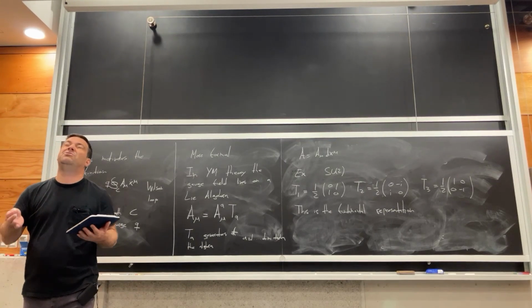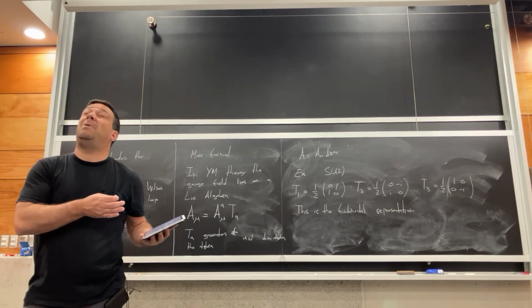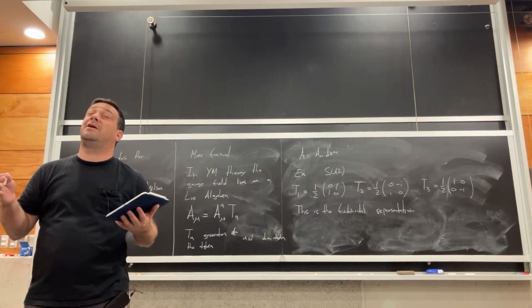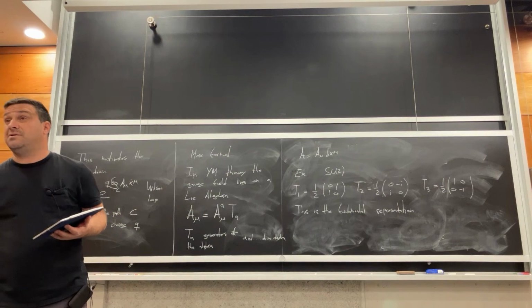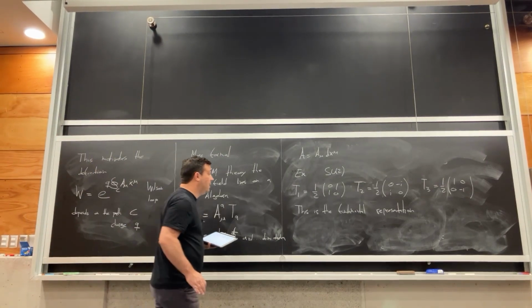So in SU(2) these are the Pauli matrices. In the case of SU(3) they are the Gell-Mann matrices you can find in Wikipedia. So there's 8 of them. Okay.